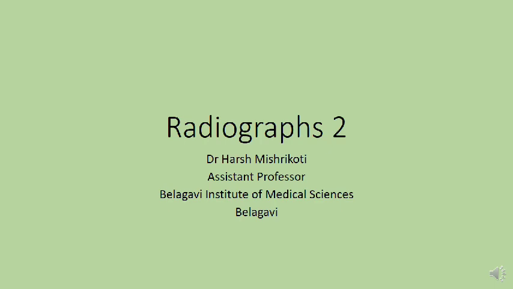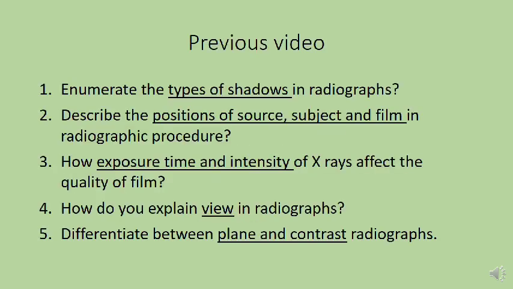My dear students, welcome to the second module of video radiographs. In the previous video, you were able to enumerate the types of shadows in a radiograph. Now you are aware of the positions of source, subject and film in the radiographic procedure, that is X-rays.